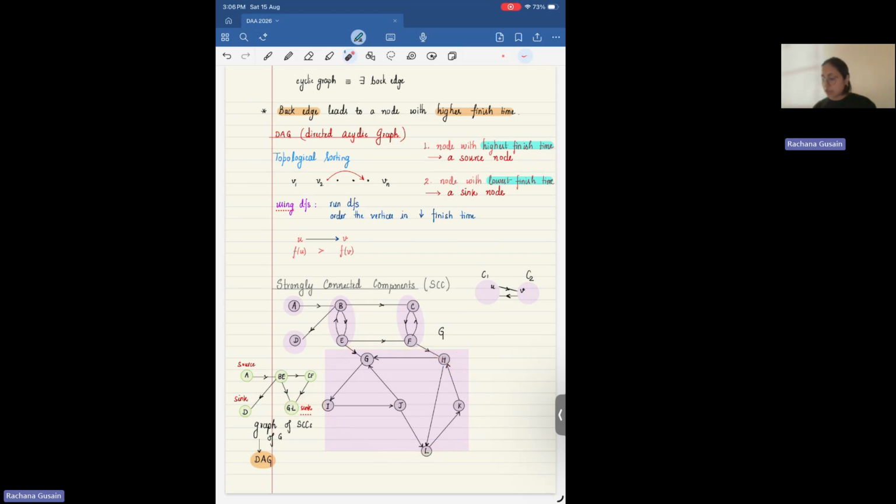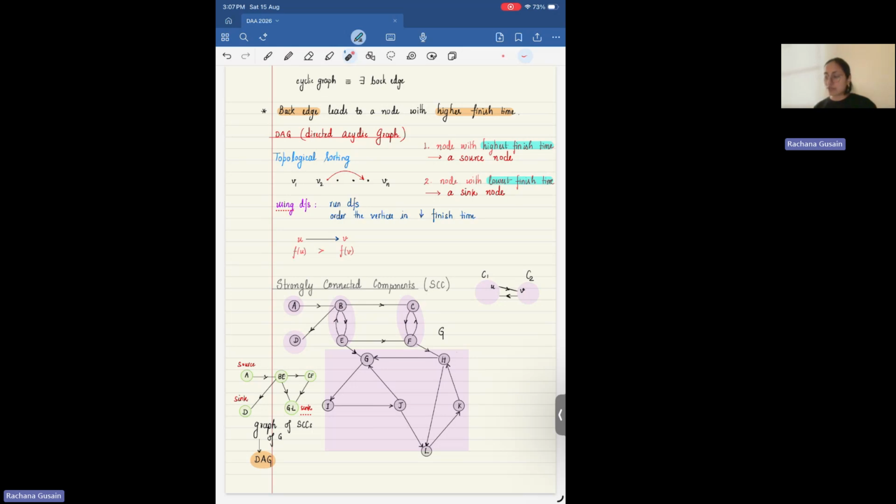Because there are 5 strongly connected components in the graph, I'll get another graph which has 5 nodes in it. And between any 2 nodes in this graph, I'll add a directed edge if in the original graph I have an edge between the vertices of these components. We had discussed that if there are multiple edges between 2 components, where by component I mean a strongly connected component, all of them must be pointing in the same direction.